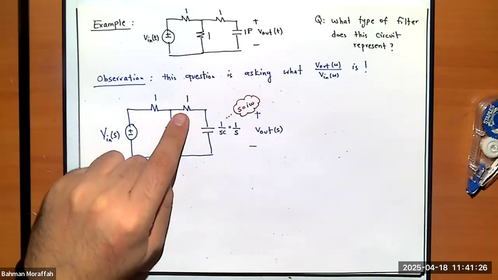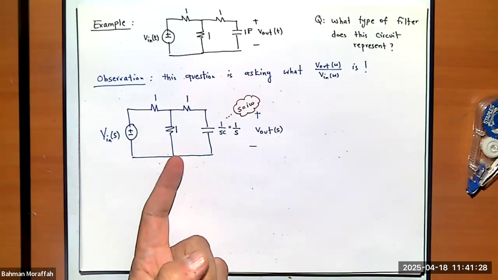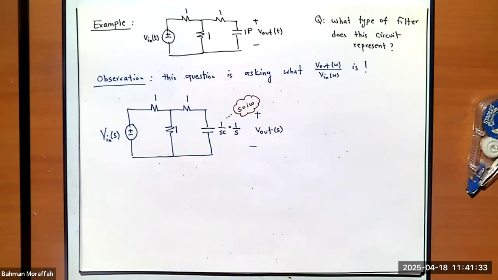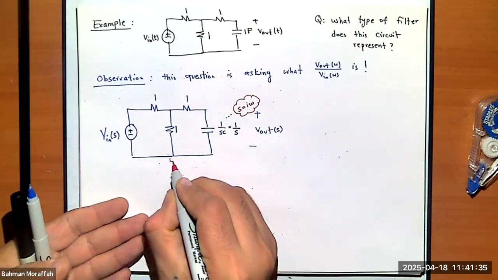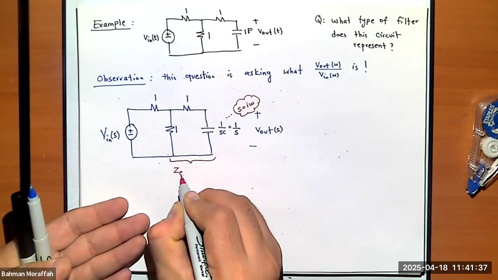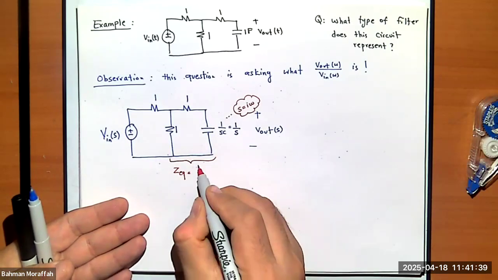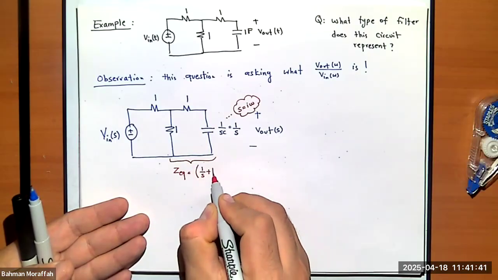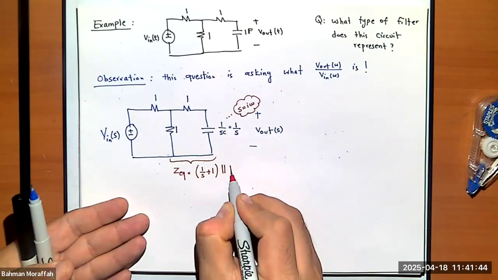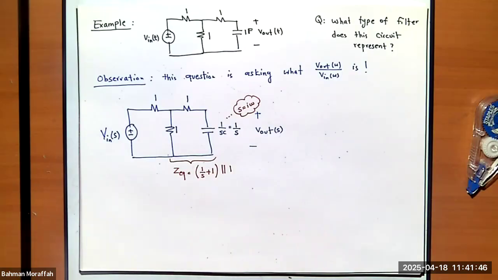So I have these two in series in parallel with this one, right? So let's call that Z equivalent, which is 1 over S plus 1 in parallel with 1, right?